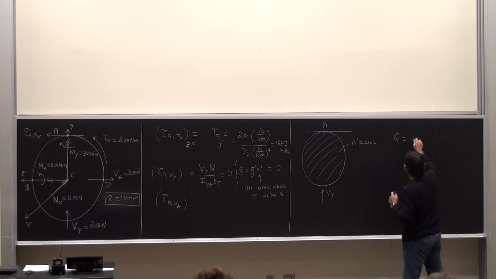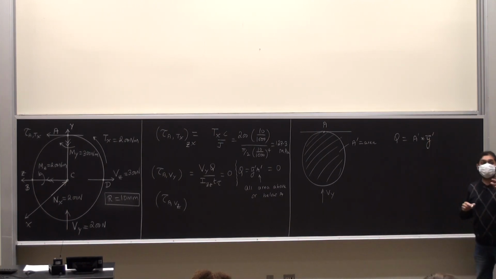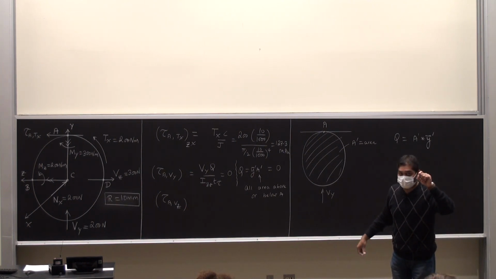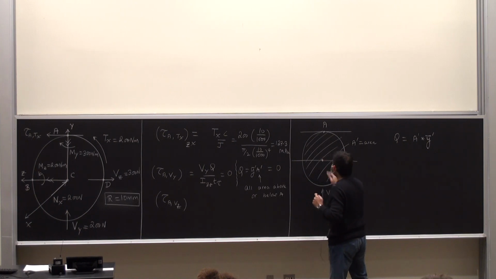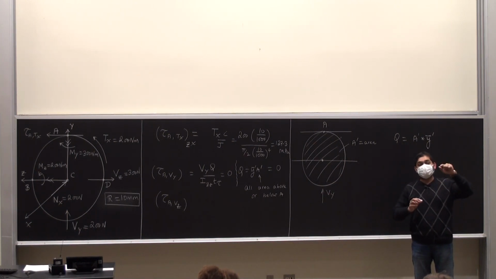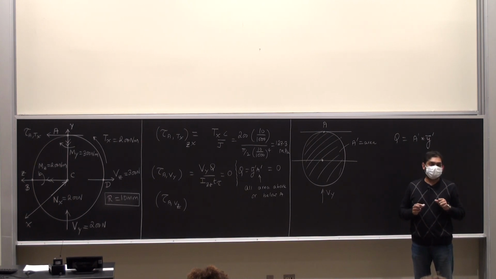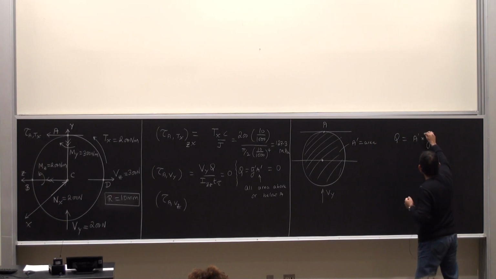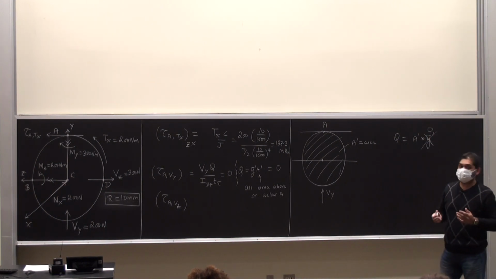So Q is A prime times y bar prime. What is the definition of y bar prime? It is the distance from the neutral axis to the centroid of the shaded area. What is that value? It has to be 0. So in that case, my y bar prime is 0. So whether I take the area below or above, it doesn't matter.